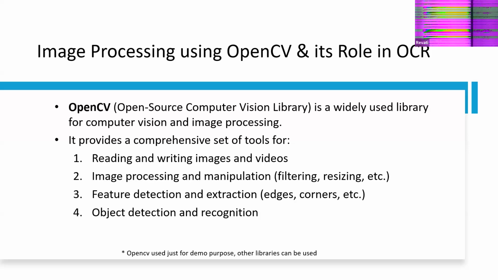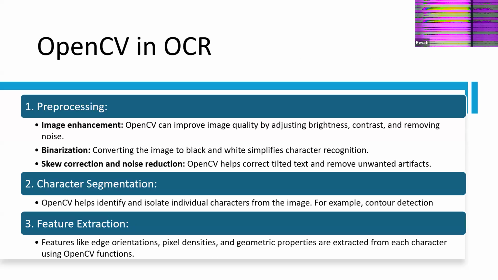All these functionalities are easy and well provided by the OpenCV library. That's just an introduction to image processing, because we are going to need it when we look at the OpenCV OCR demo.